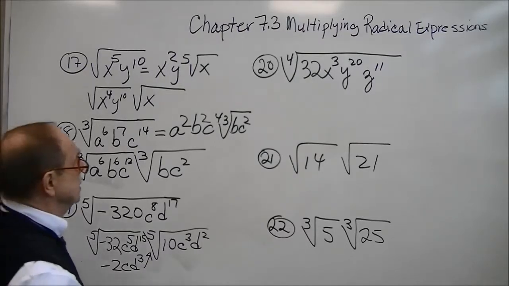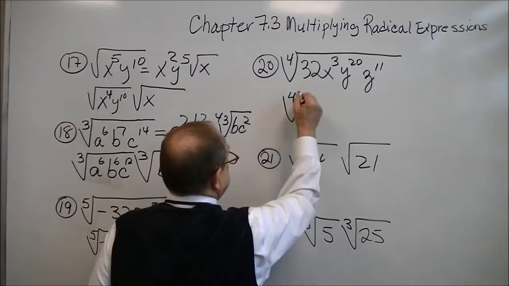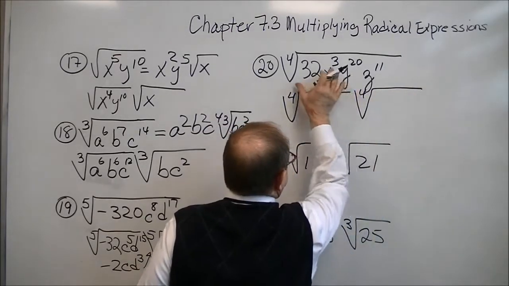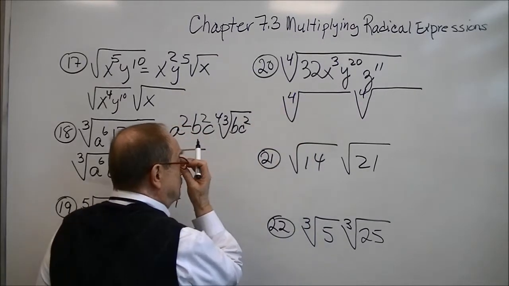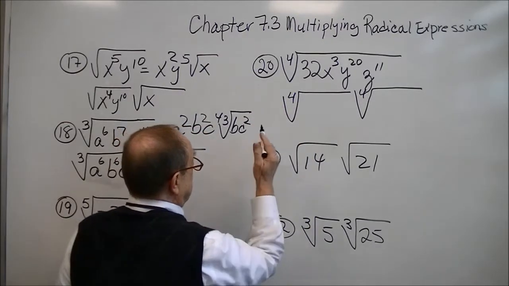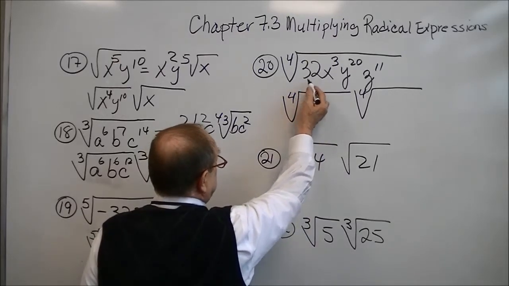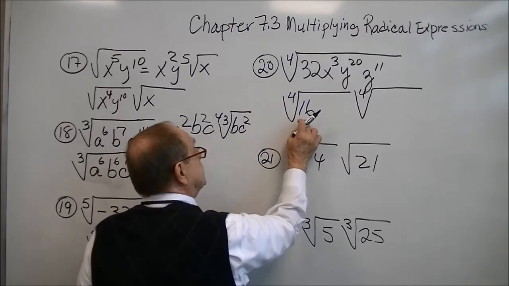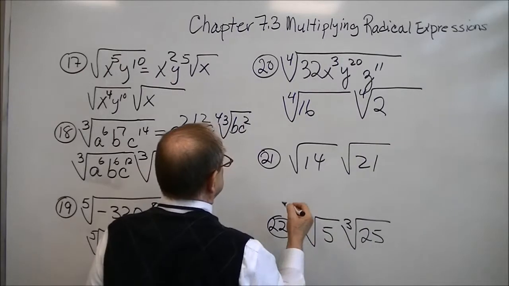All right, for number 20, using our basic technique, we want to divide this into those that are perfect factors of 4, or powers of 4. So if we divide that by 2, we get a 16, and 2 to the fourth is 16, and we have a 2 left over.